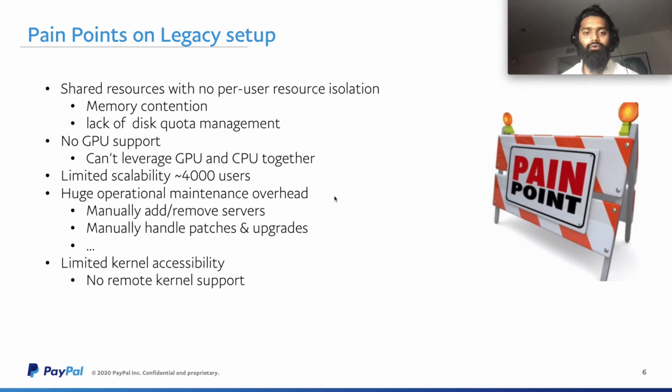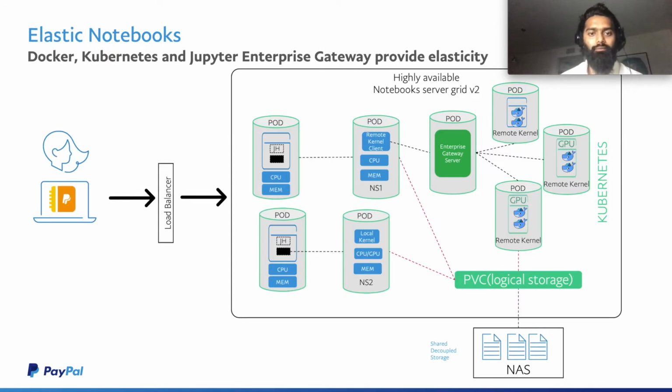Lack of GPU support was an impeding factor for the data scientist group as it required them to switch to a different environment to use GPUs. Apart from those, we also had operational challenges such as limited scalability, maintenance overhead, and feature limitations like no support for remote kernels. Architecturally, we made three key changes to circumvent the issues.